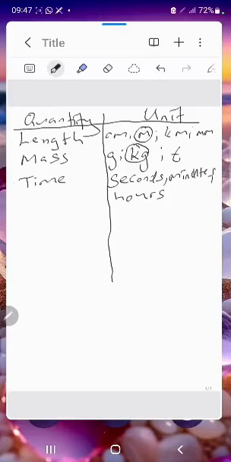But SI units for time are what? Are seconds. Standard international units for time are seconds, represented by s.